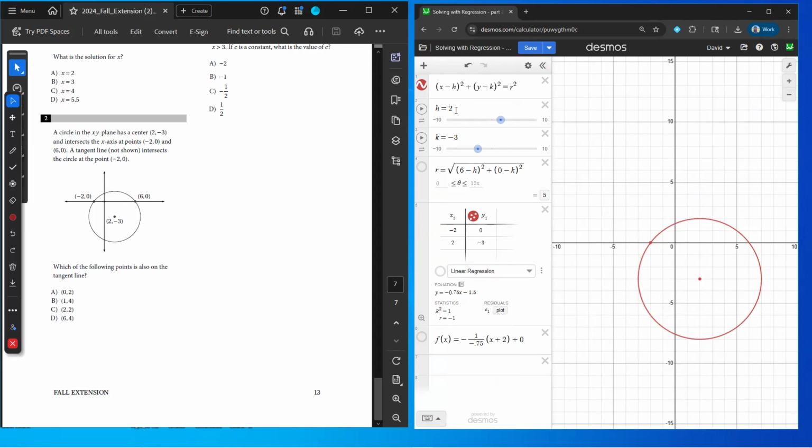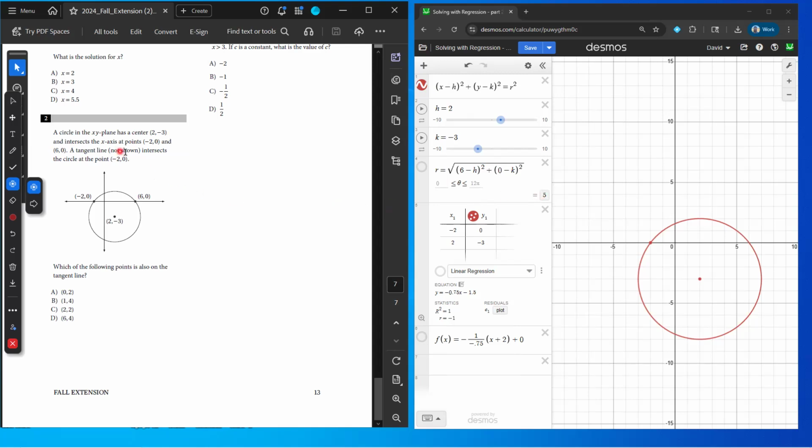And so I typed in h is 2, I typed in k is -3. All right, how do I get the radius? Well, we plug in a point that's on the curve, and then that would help us get the radius. So what I did is just said r is equal to, and I just did 6 minus the h squared, because I plugged in the point 6, comma 0, and then I plugged in 0 minus k, because again, the y value is 0, and it said the radius was 5.